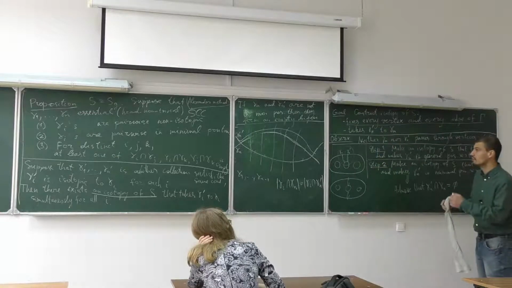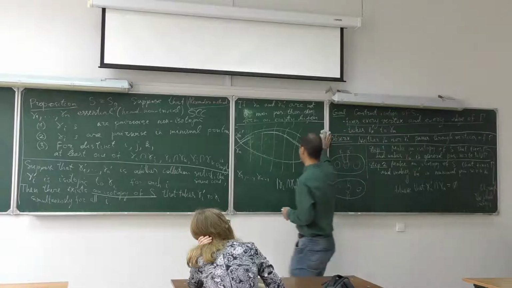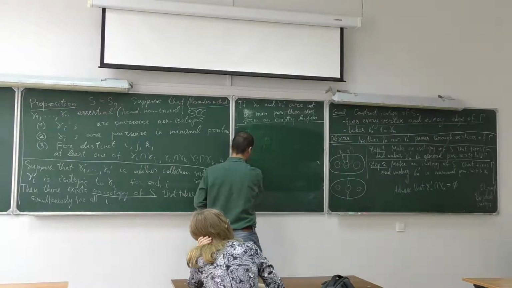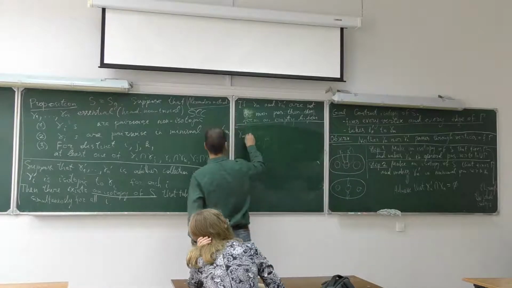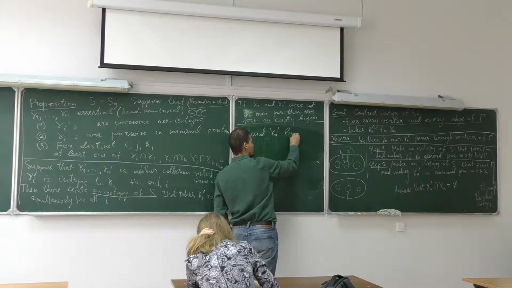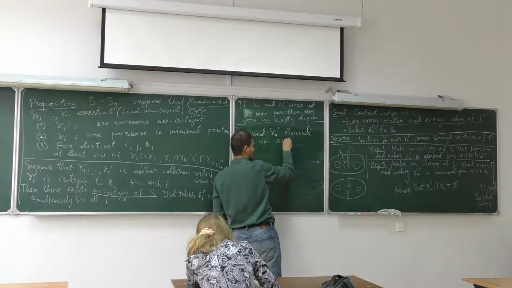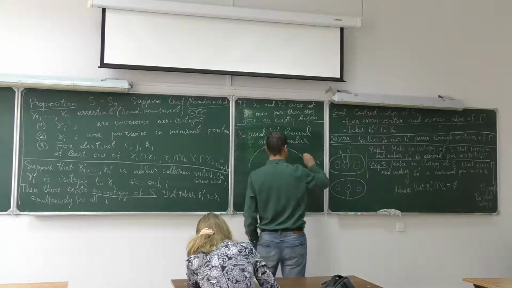So we see that gamma n and gamma n prime bound an annulus. And now let us look at this region between them.